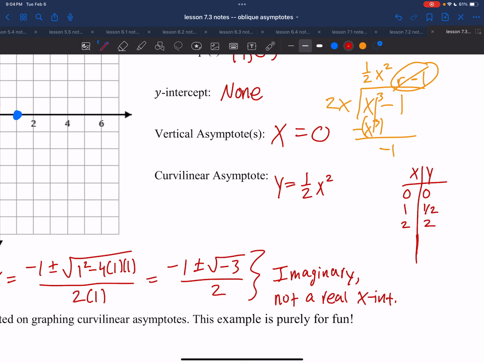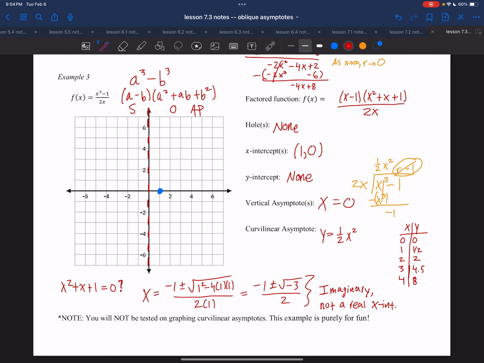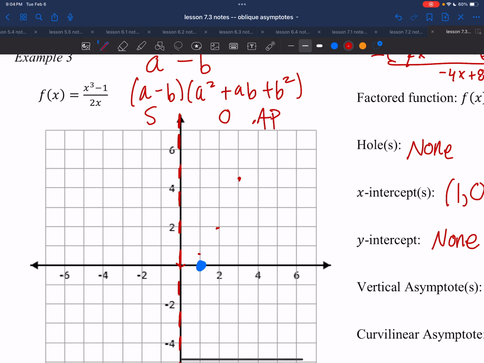Plug in 3: 3 squared is 9, half of 9 is 4.5. 4 squared is 16, half of 16 is 8. So, for my asymptote, I have (0, 0), (1, 1/2), (2, 2), (3, 4.5), and (4, 8). So what does that look like?